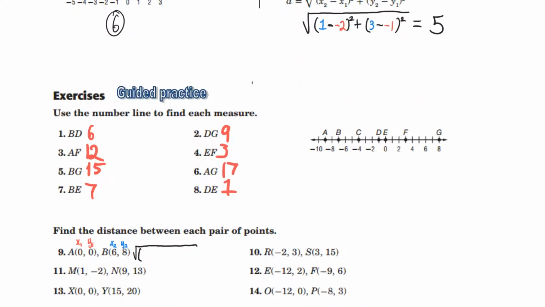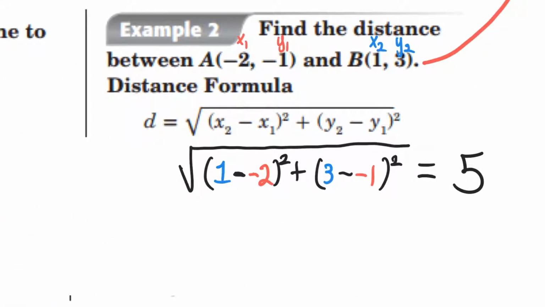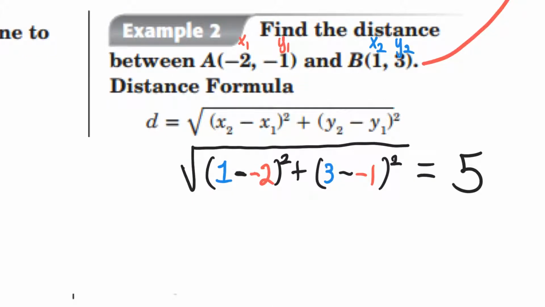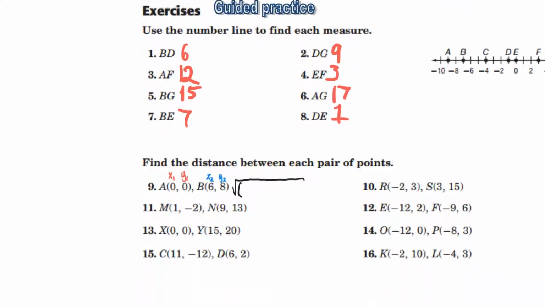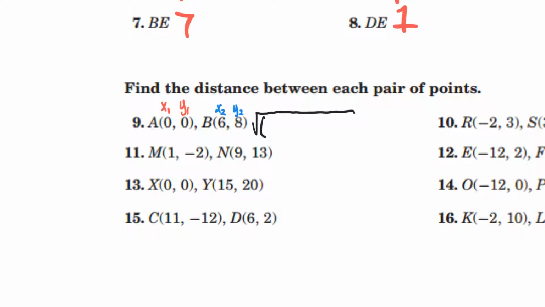So again, I'm going back up here, and I'm thinking about this formula right here. All right, so what's my x2 value? 6 minus, remember there's a minus built into the formula, so I'll always put a minus. So 6 minus what? 0, closed, squared, plus, inside here, what's my y2 value? 8 minus what's my y1 value? 0, closed, squared.